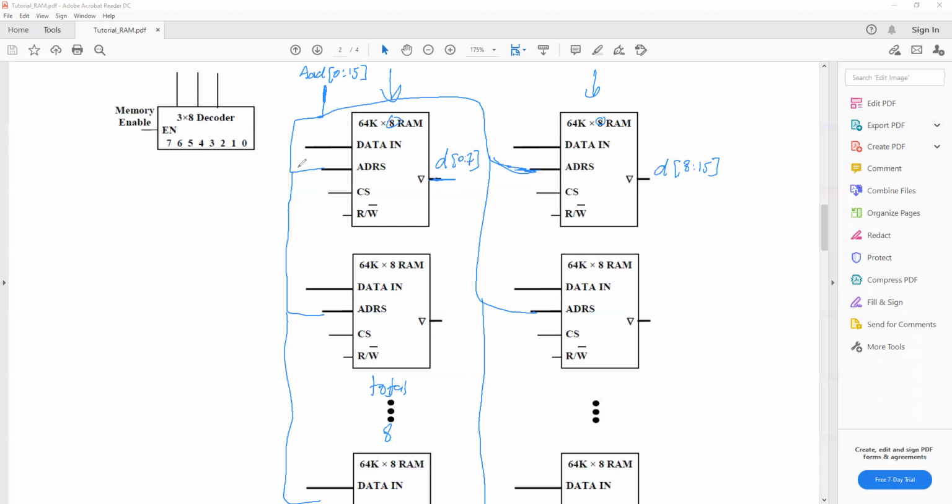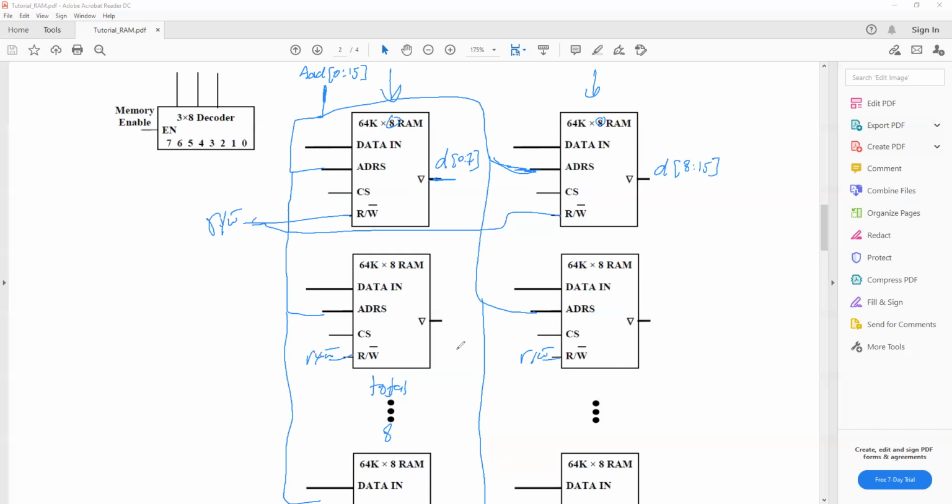Okay, as for the read write bar, all your chips will be connected to the same read write bar that's coming from the outside. All of them will be read write bar. Now, how many address bits do I have left? I used 16 bits for addressing these chips.